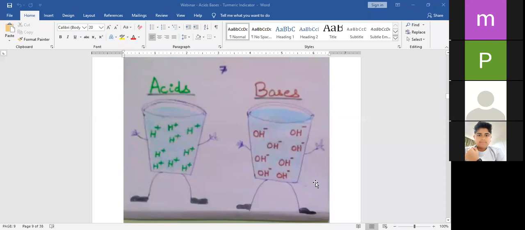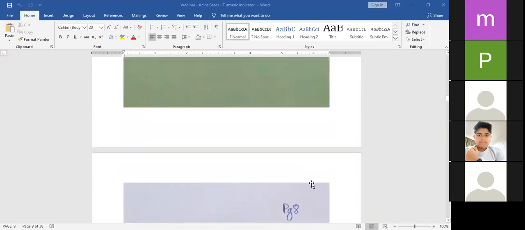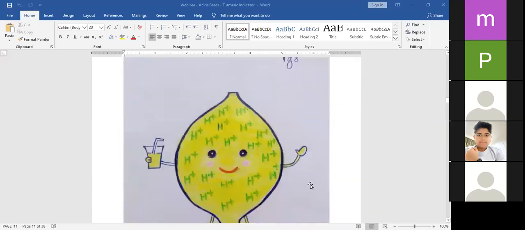Okay. So now, since we know that acids have H plus ions and bases have OH minus ions, I think since a week we have tested several samples to check which substance is acidic in nature and which is basic in nature. So let's take one example of that. Now, most of us have tested lemon and it was acidic in nature.